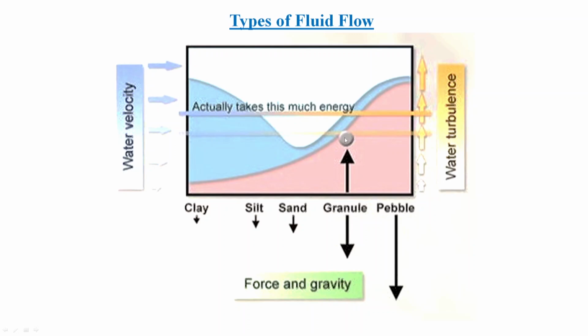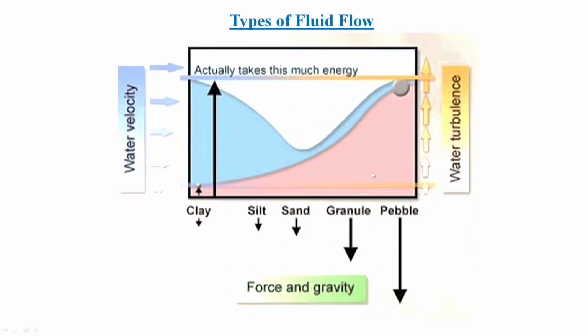But to erode it, you need to increase the energy a little bit more. Then only the horizontal component already present in that turbulent stream will do the rest. That is how you can relate each kind of particle, be it pebble, granule, sand, silt and clay, based on this diagram.